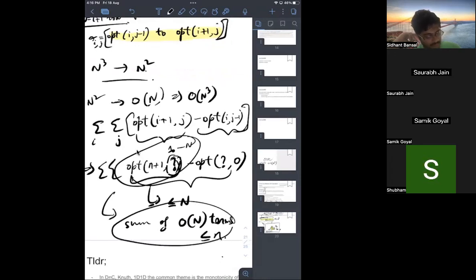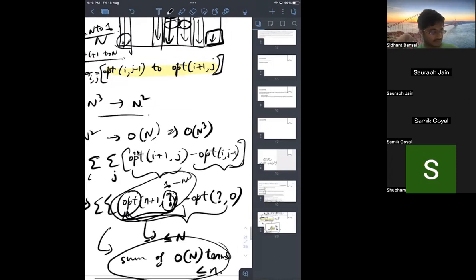So the total sum is at most n square, because you have around order n terms and each term is at most value n, because the opt value can never be more than n for anything, because whatever your alpha is, it's always from 1 to n. So your total thing is at most n square. So that's why the Knuth works fast.